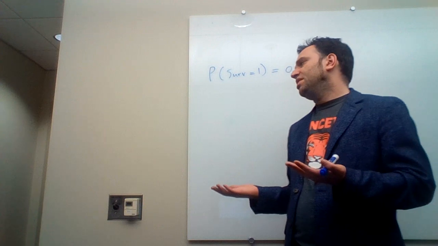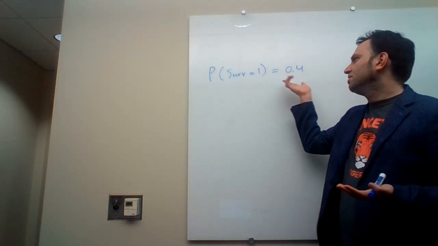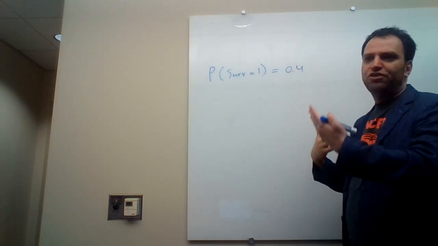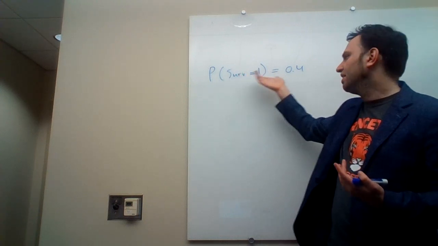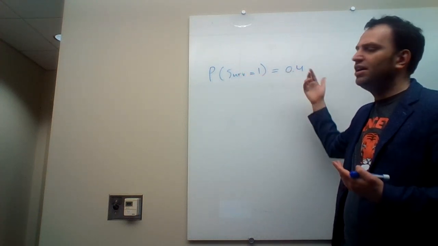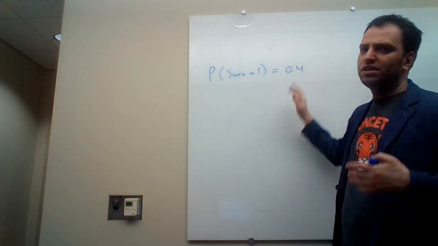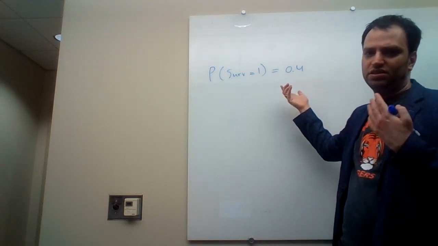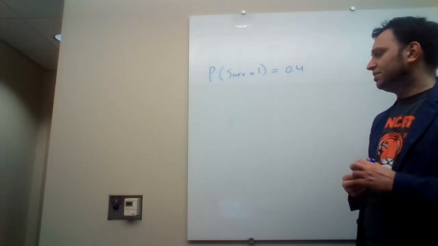But a lot of the time in practice, what we really mean is that this number, 0.4 in this case, measures how much we think that survived is equal to 1. And the answer here is 0.4. If we were sure that survived equals 1, then this would be 1. If we are sure that it's not, then it would be 0. And here it's something in between. So that's another way of thinking about probability.